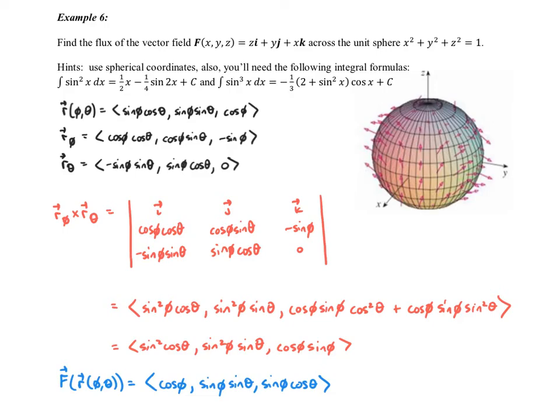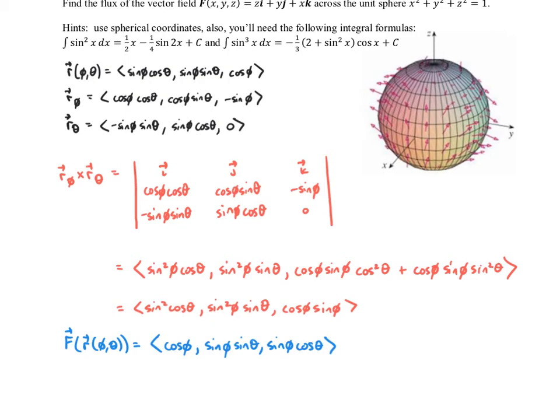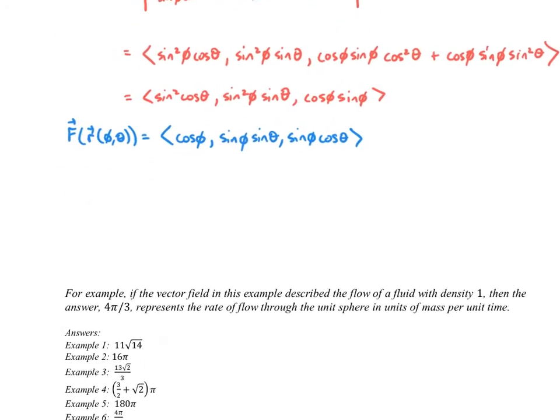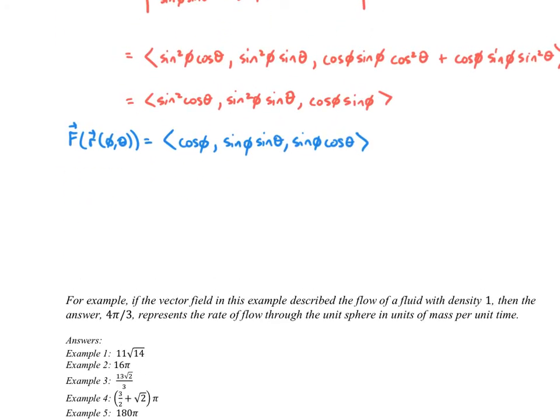Okay, our next task is to come up with the integrand of our integral. And the integrand is going to be the dot product between these two vectors we just found. So let's go ahead and work on those.